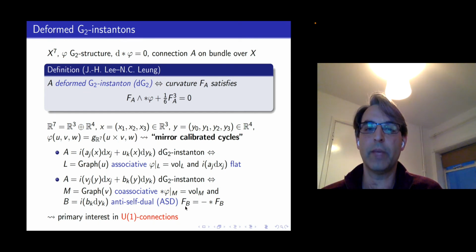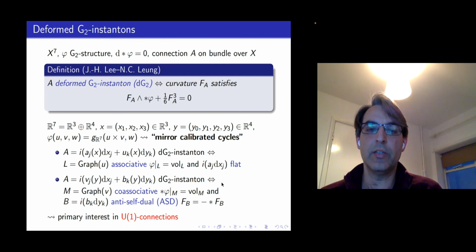On a 4-dimensional manifold, we can take the dual of the curvature, and that will be a 2-form again. So this makes sense. And so again, one might hope to relate these pairs of a coassociative and an ASD connection to enumerative invariants.